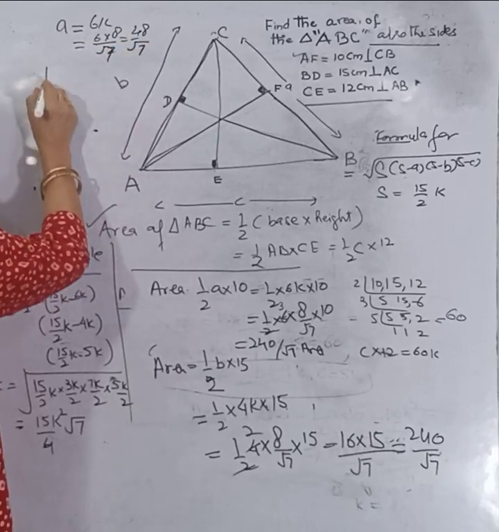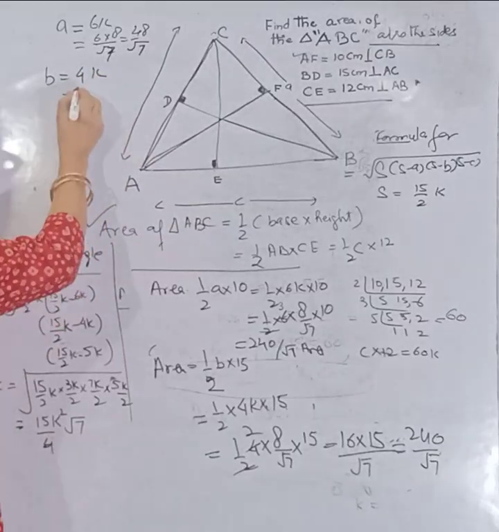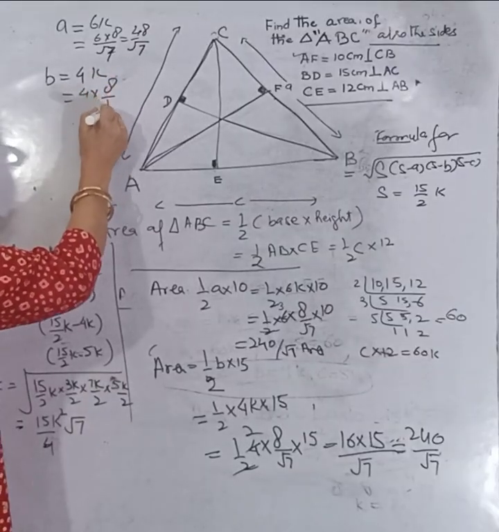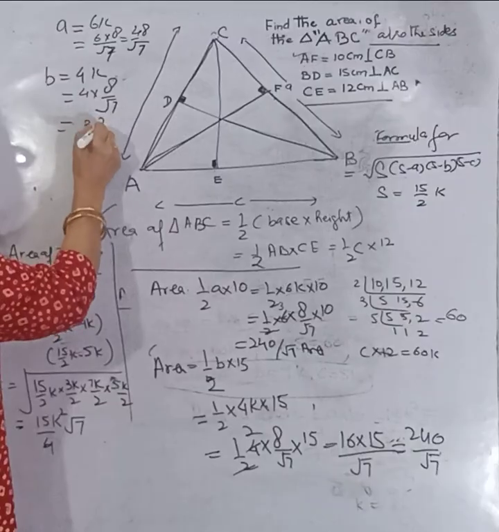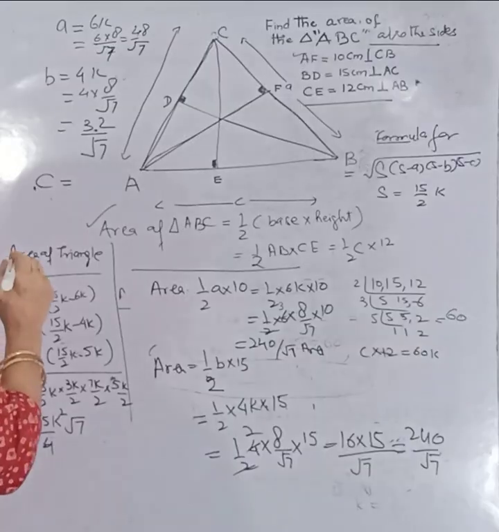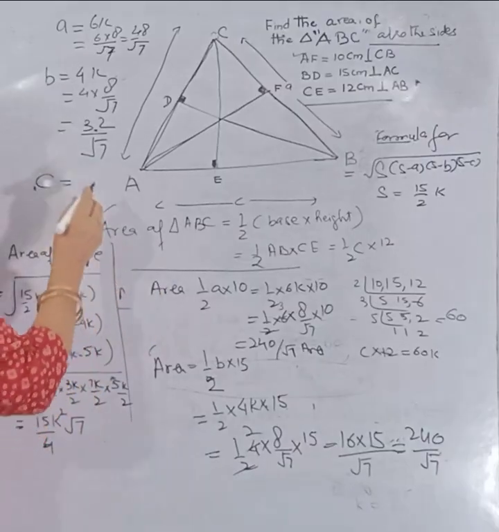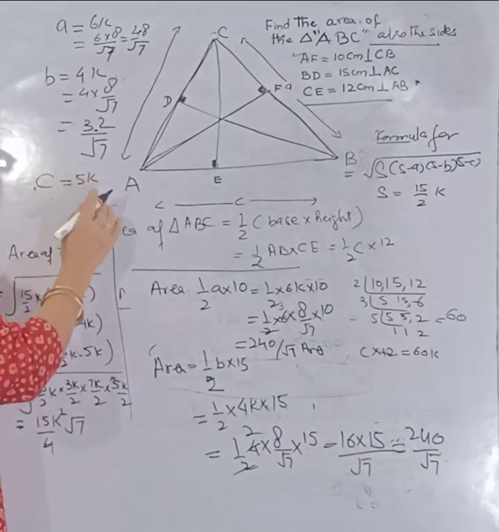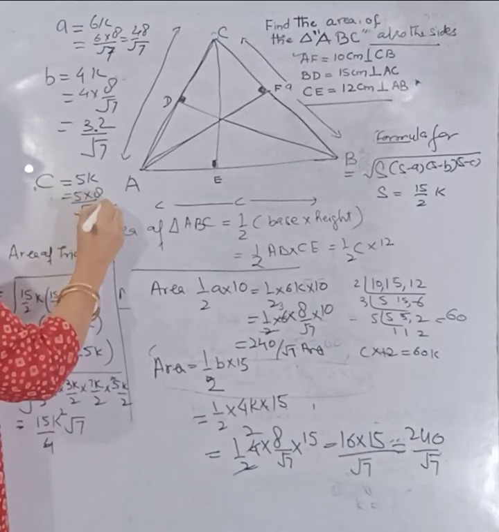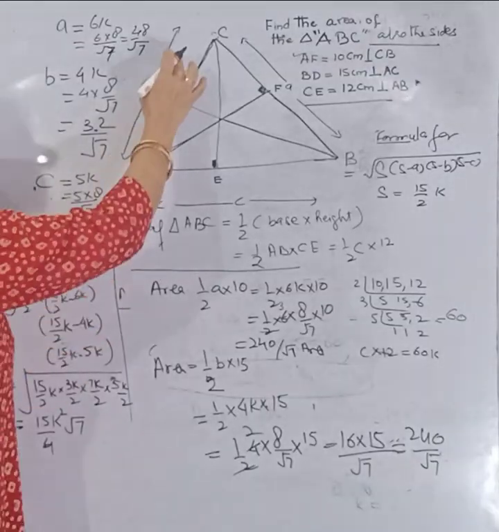B will be equal to 4 times K, that is 4 into 8 upon root 7, that is 32 upon root 7, and C will be equal to 5 times K, that is 5 into 8 upon root 7, that is 40 upon root 7. So these sides can also be found out.